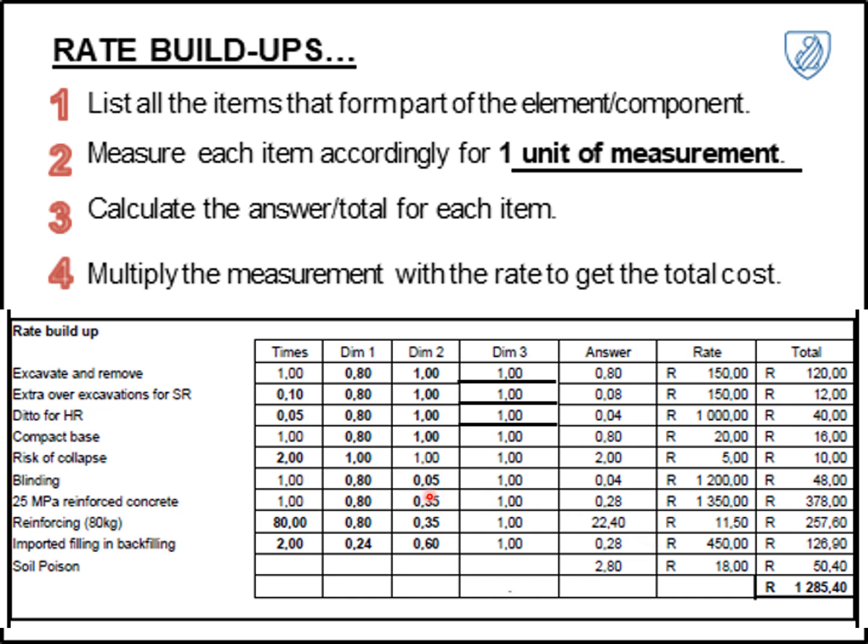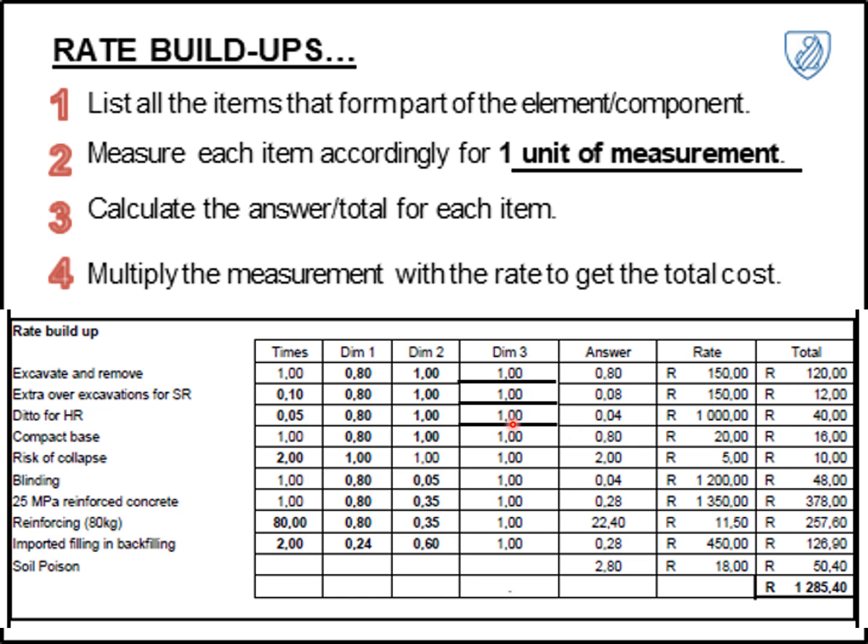Okay, so let's look at what we then do. At your excavation remove, we're only looking at one unit, one side of the excavation. It's 800 millimeters wide and 1 meter deep, and then we get to a 0.8 answer times your rate per cube to get a rate per meter.